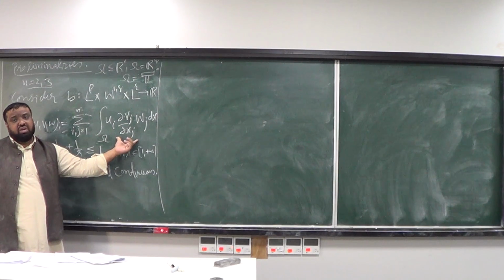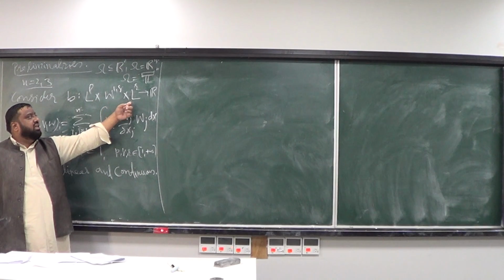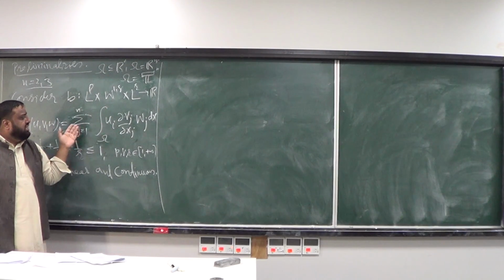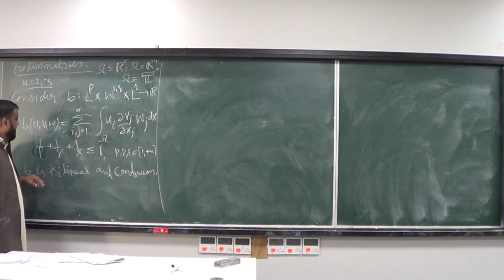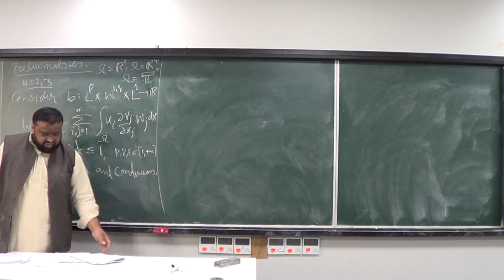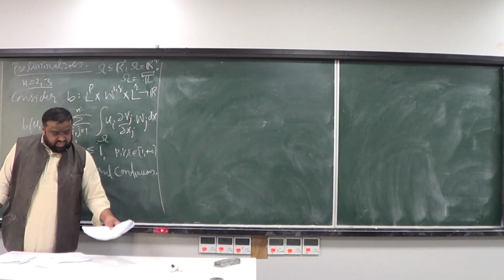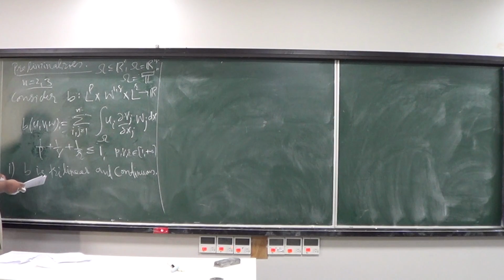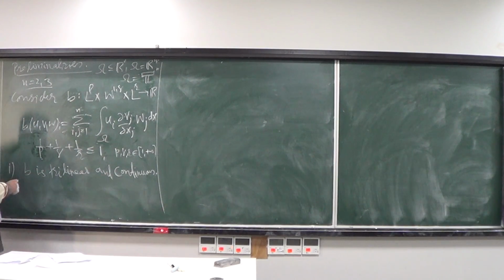So if it is bounded, taking u from here, v from here, and w from here, then you can show its continuity. Showing boundedness is not difficult. So this B is continuous, and also trilinear.